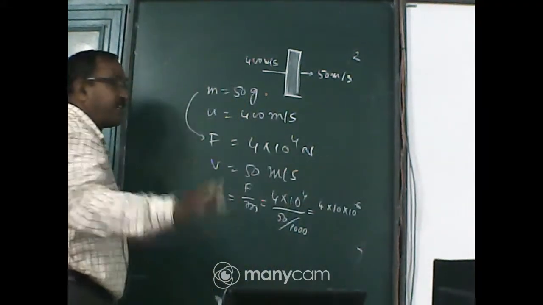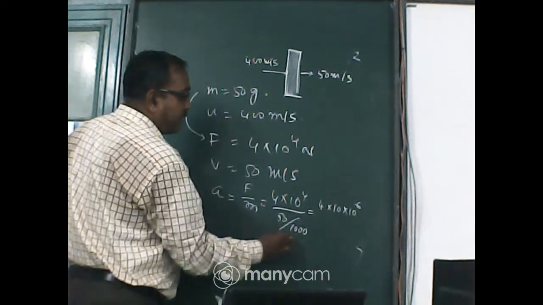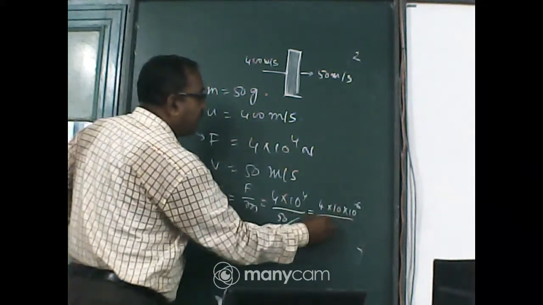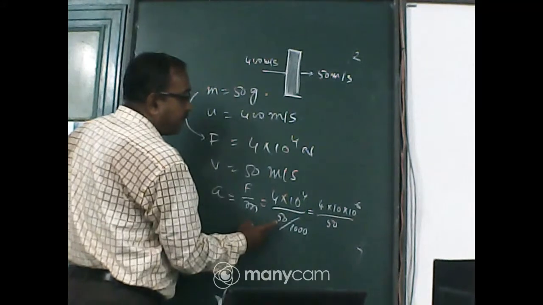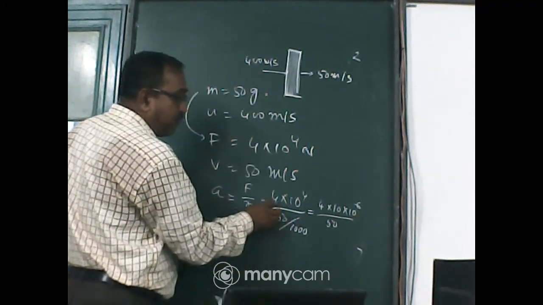My dear student, you check it. 10 to the power 4, you split it: 10 into 10 to the power 3. And this is 10 to the power 3. That will be 10 to the power 6 by 50. How can we write it? You know it, 10 to the power 3 and 10 to the power 3, and 4 by 50.